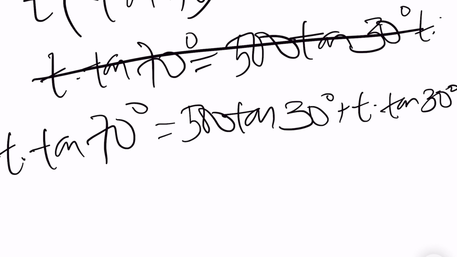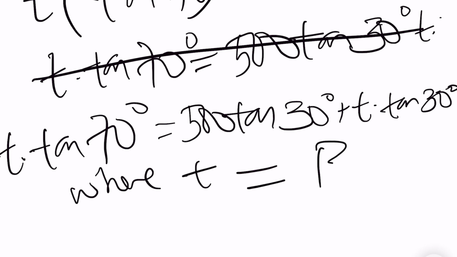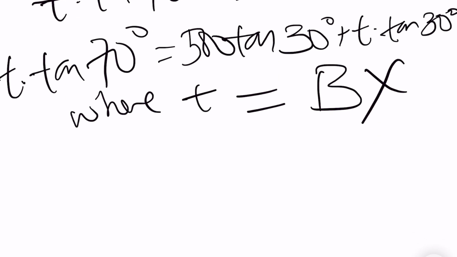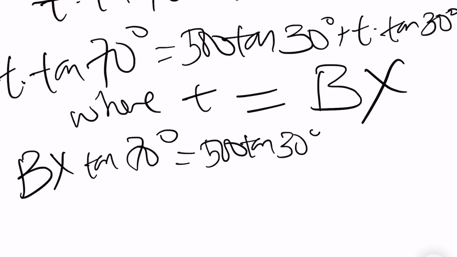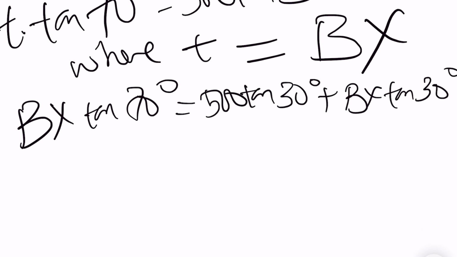Now, our t is also known as BX, where t equals BX. So we have BX tan 70 degrees equals 500 tan 30 degrees plus BX tan 30 degrees. Now we collect like terms.